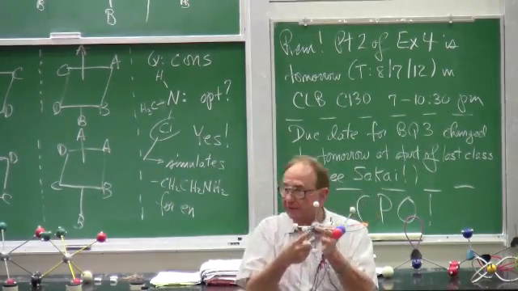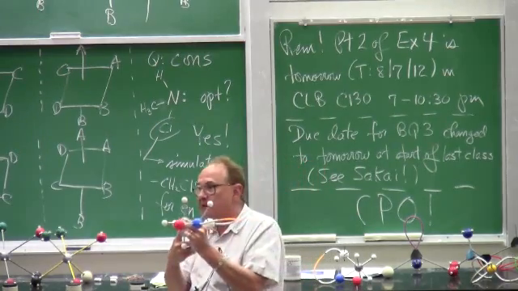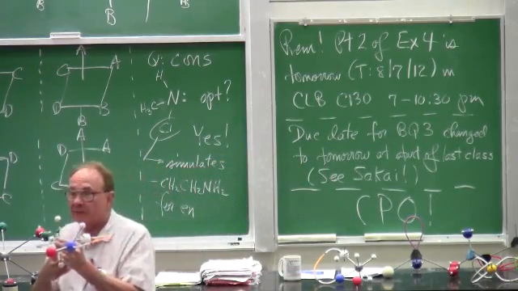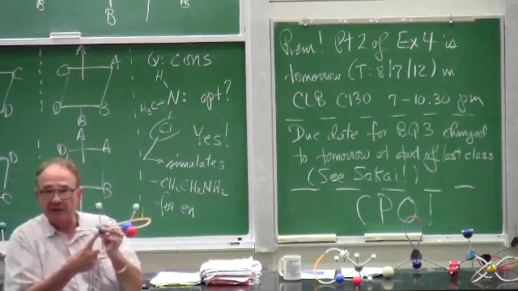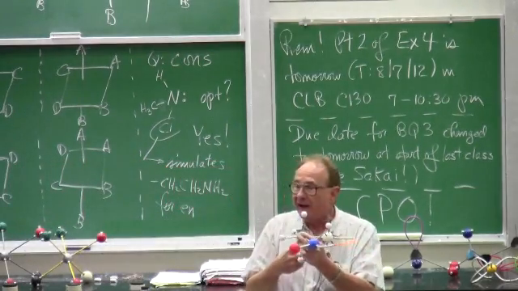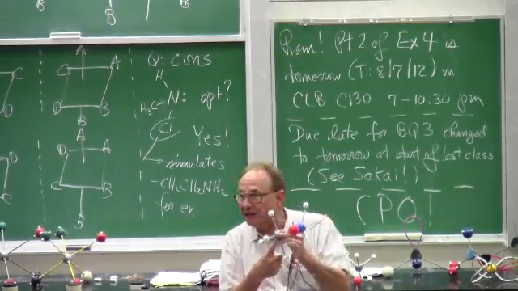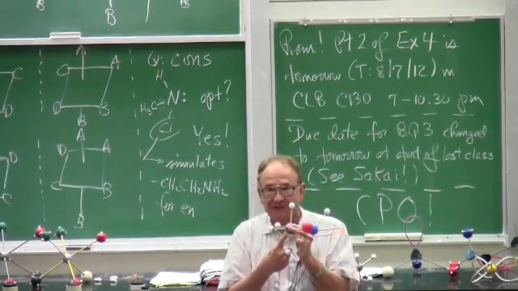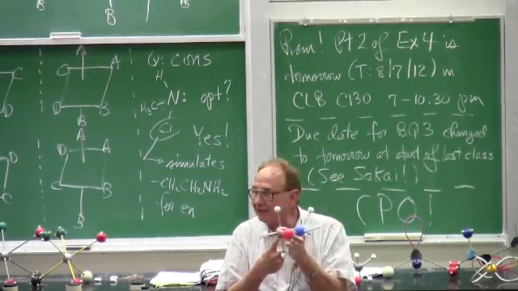So I can make sp3 atoms and sp2 atoms and sp atoms and sp3d atoms and sp3d2 atoms and sp3d3 atoms and sp3d4 atoms. I can make all kinds of stuff.